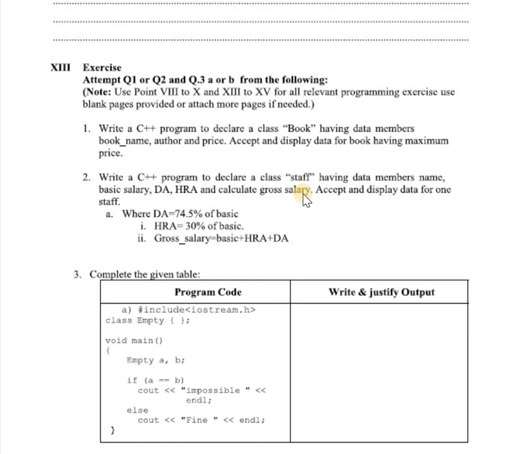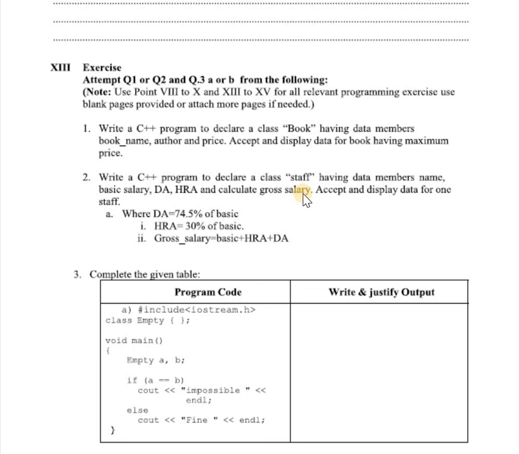Then by using the getData function, you can enter the name of the staff and basic salary. Then define another function, calculate, which calculates the DA, HRA and gross salary. After that you can write the display function, which will display the details of that particular staff, DA, HRA, and gross salary.